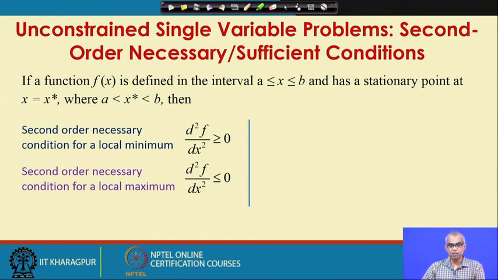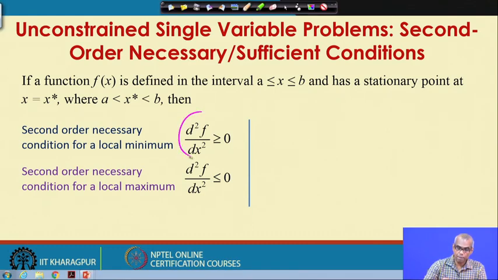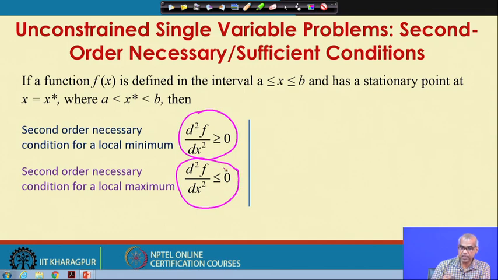So, d square f/dx square is greater or equal to 0. Second order necessary condition for local maximum, d square f/dx square is less or equal to 0. So, first order necessary condition was df/dx equal to 0. It may either be minimum or maximum.